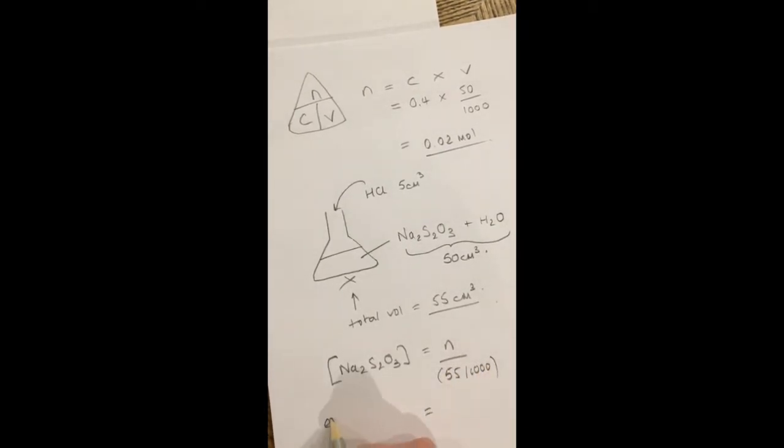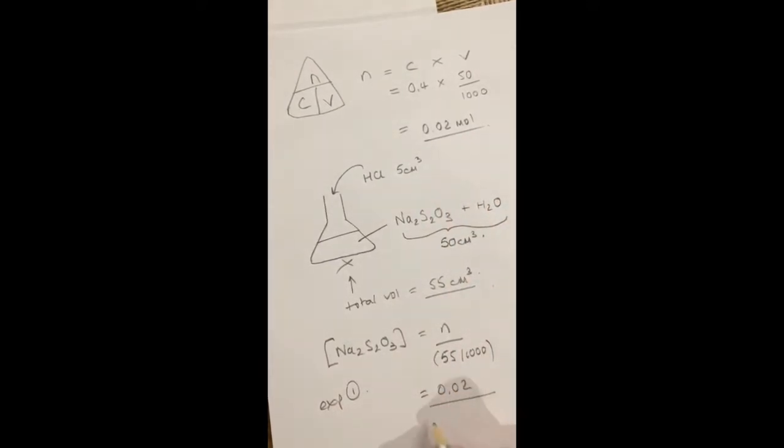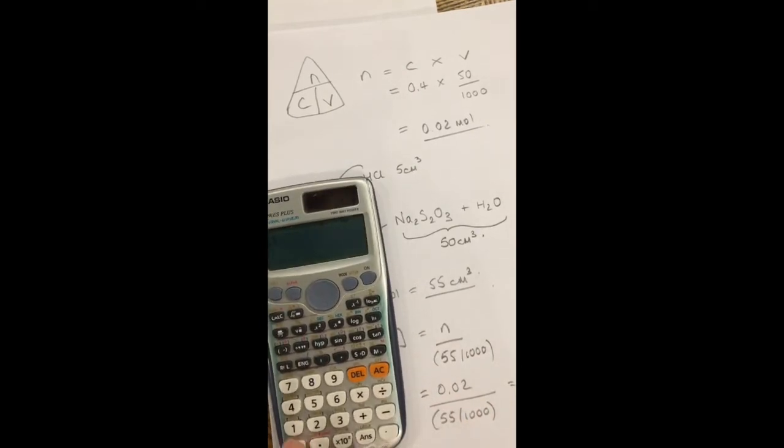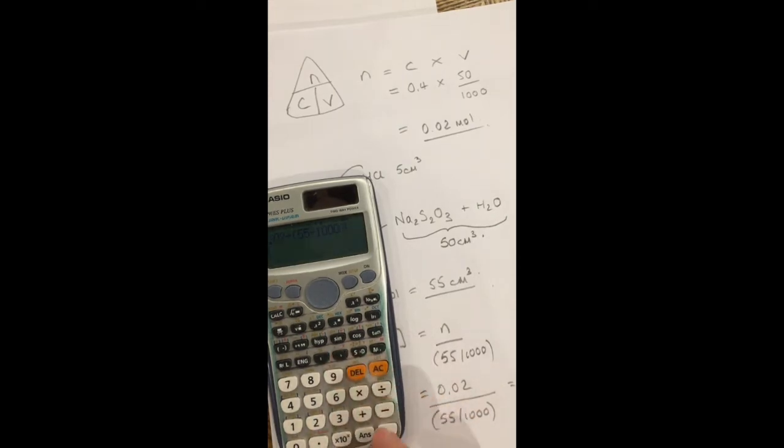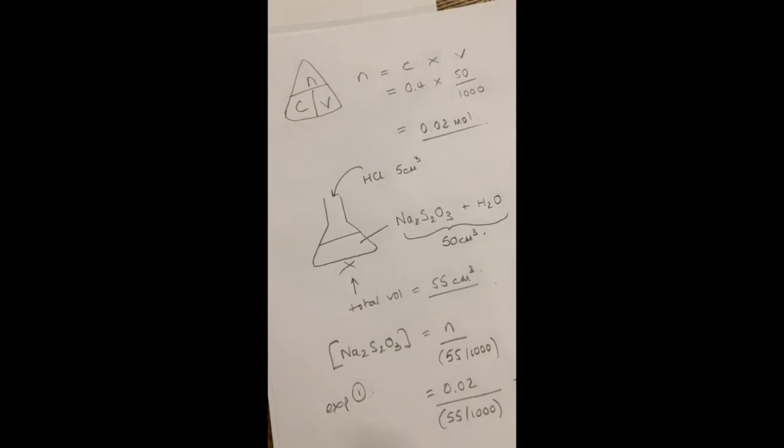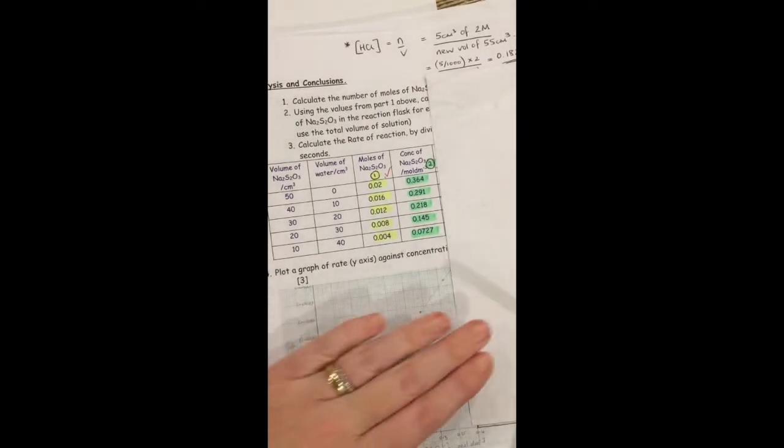So for example, in experiment 1, if we take those moles, 0.02, divide it by 55 over 1000, that should get you a concentration of 0.364 mole per decimetre cubed to 3 significant figures. Okay, so that's what you should have got here. So this is what you got your second mark for.